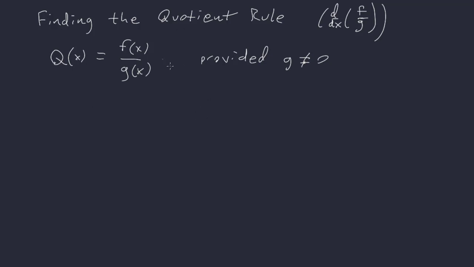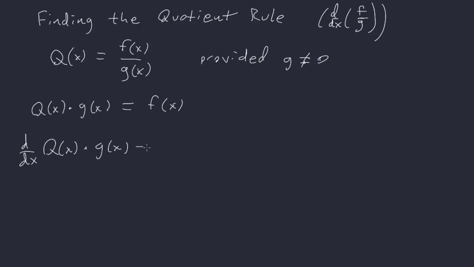All right, now instead of just dropping straight to what the quotient rule is, to find q prime, what we're going to do is just move the g up to get q of x times g of x is equal to f of x. All right, and then we'll differentiate both sides, basically what we've been doing this entire time. Right? It's actually kind of interesting that we can find pretty much every rule from some very basic properties and the product rule.